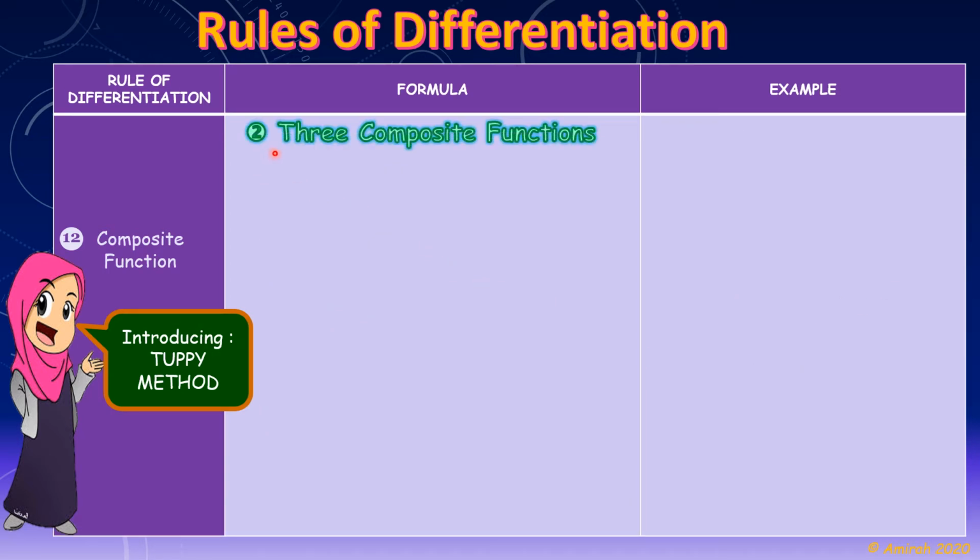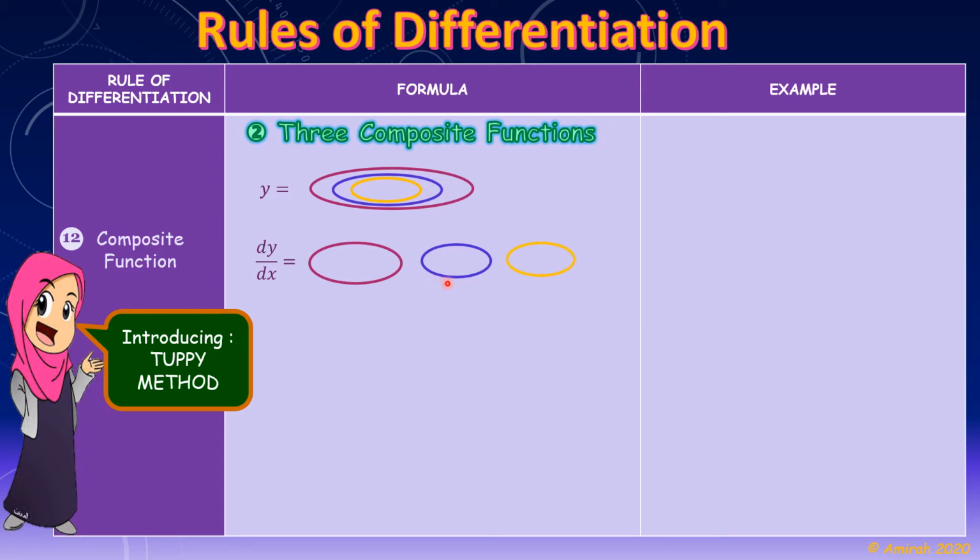Now how to differentiate three composite functions using the Tuppy method. If we have y equals three composite functions, to find dy over dx, first we draw three circles: the outer circle, then the inner circle, and then the inner circle. Then we pair these circles with three other circles, and in between there must be a multiplication operation.